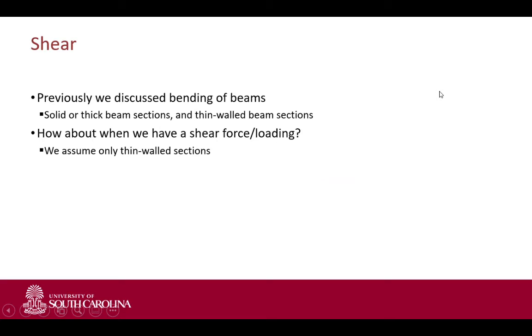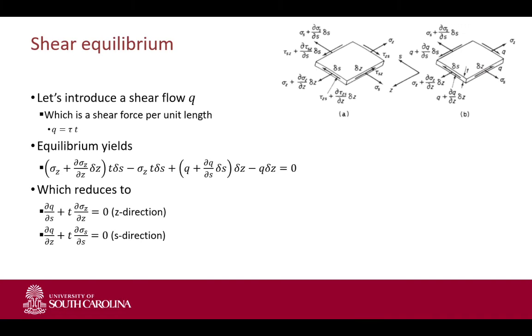Okay, so previously we looked at solid beams. That was the bending we looked at, and we're going to continue from there. To make our life easier when talking about shear, we want to look at the concept of shear flow, which is equal to shear force per unit length, because it can make our derivations easier.